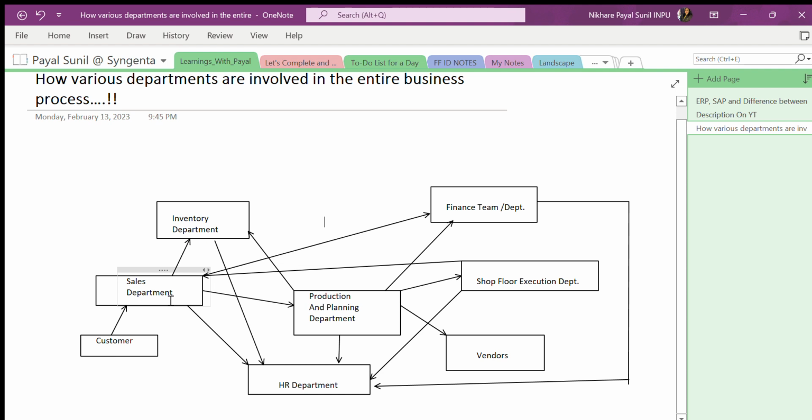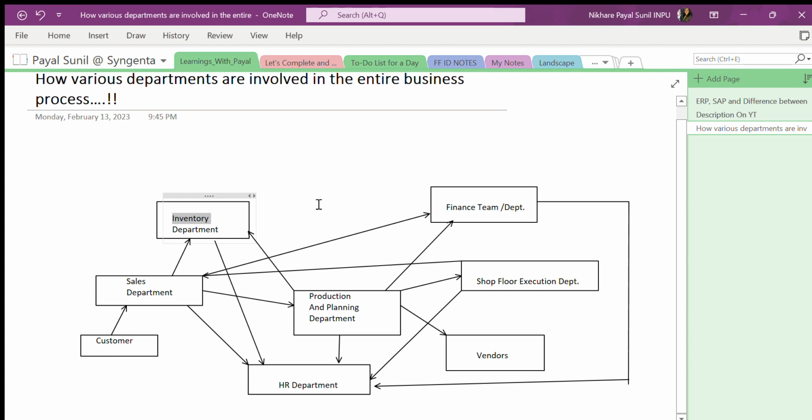It will become very difficult to communicate to the sales department if they need to understand anything from the inventory department. Even the production and planning department, finance team, shop floor execution department, every department will find it difficult to communicate information.